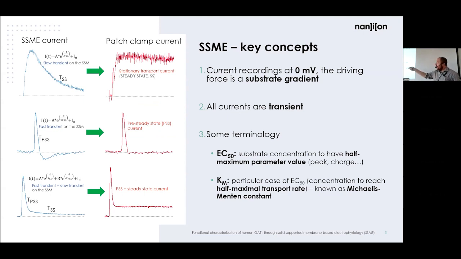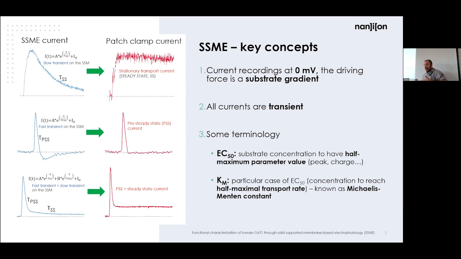So if we have a slow transient, this is usually associated with the stationary transport current, and you should see something like this in a patch clamp environment. If we have a fast transient, that usually is associated with a pre-steady state current. Pre-steady state current is actually an out of equilibrium conformational rearrangement of the transporter.